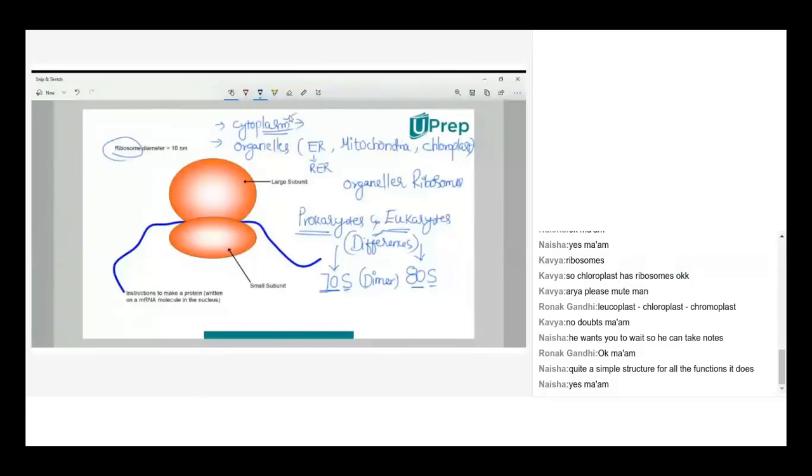In order to make you understand, I am giving the monomer form too. Monomer means the larger and smaller subunits get divided. In prokaryotes, the monomer form has 50S and 30S ribosomes, making 70S. In eukaryotes, it's 60S and 40S.